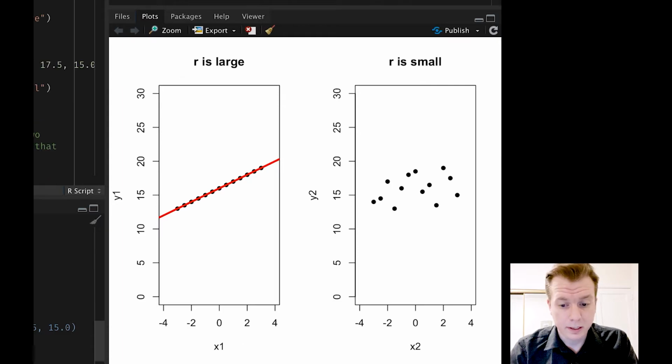We can overlay a line on it, and it sort of looks like a line, but as you can see, some of the points are farther away from the line and some are closer. And so the relationship between the points, and therefore the relationship between x and y, is not very strong. Here, r would be pretty small. We wouldn't have a very good correlation.